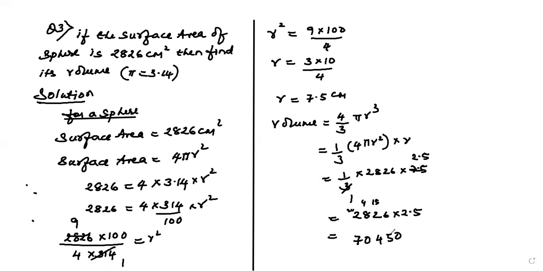How many digits after decimal? 1 digit after decimal. So answer is 7045 cubic centimeter. So the volume of the sphere is 7045 cubic centimeter. Got it, children?